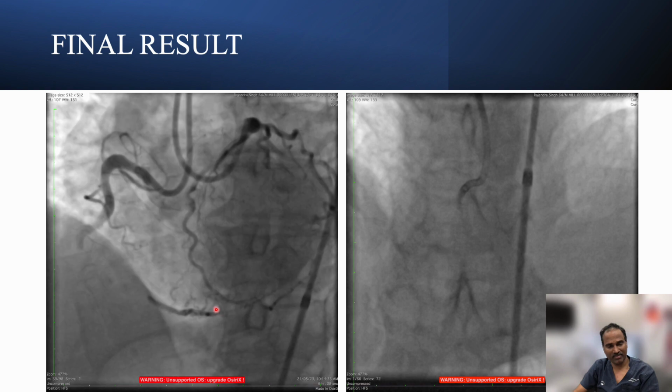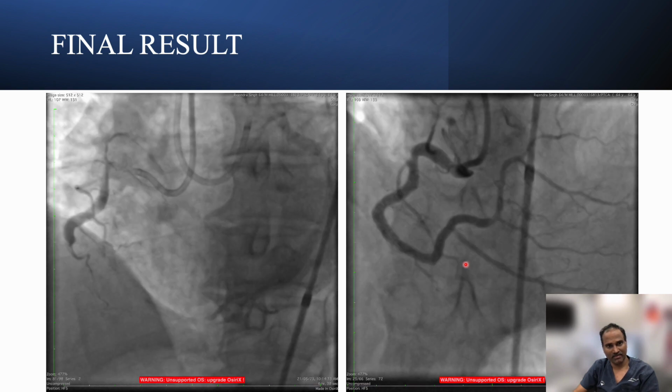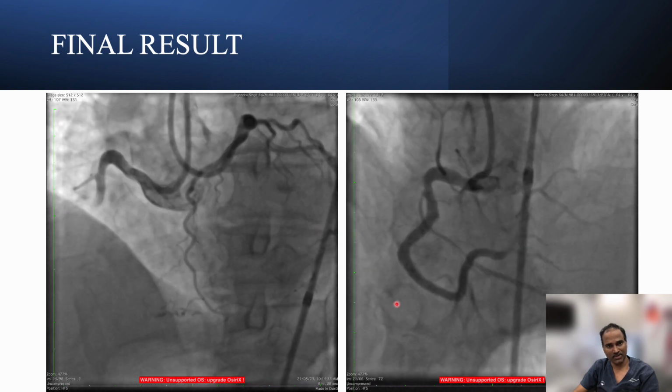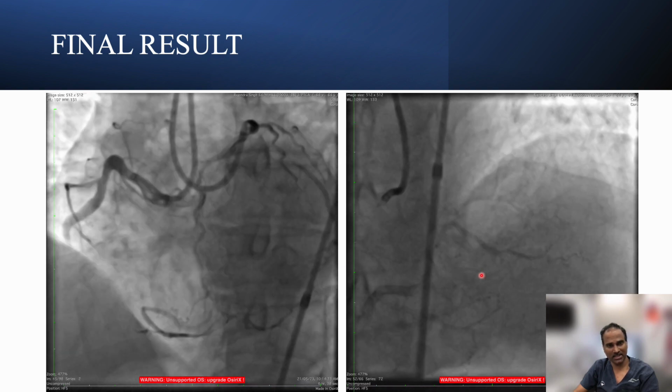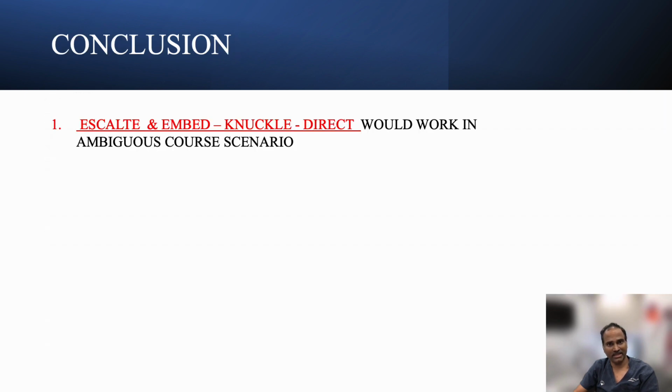So this is the first image, and this is the final image, and you can see the loops across which we crossed, and the strategy which we used. So to conclude, Escalate, Embed, Knuckle and Direct would work in ambiguous cap scenarios, especially in the right coronary artery.